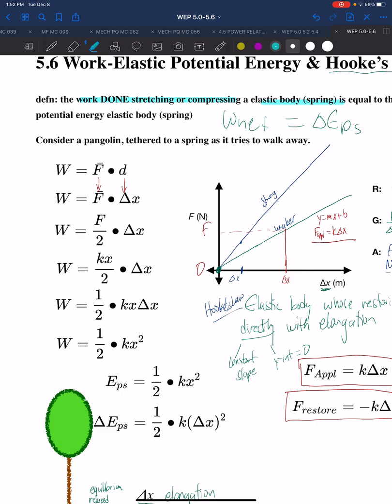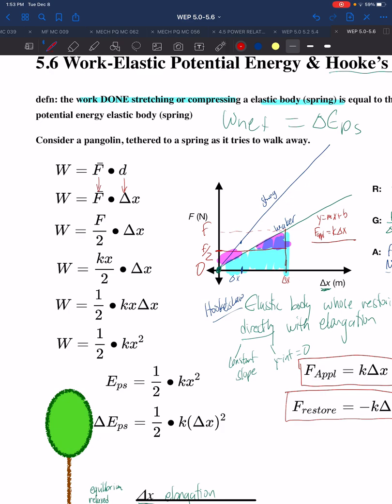The area of the rectangle we would need would be a rectangle half as tall. That rectangle half as tall would have this area equal to the triangle's area, and that means the height we're looking for is F over 2.